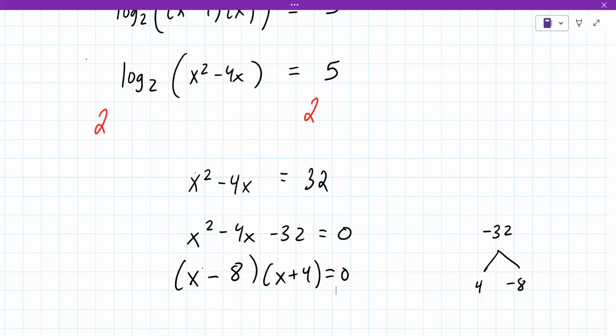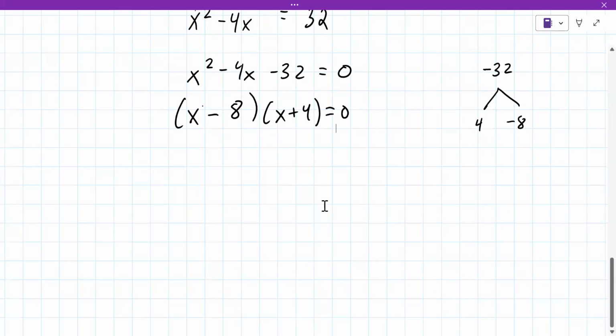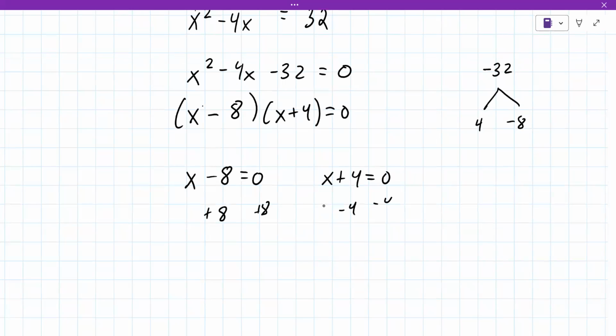All right, and then we set each of these equal to 0. Add 8 to both sides, subtract 4 from both sides. So x equals 8. x equals -4.